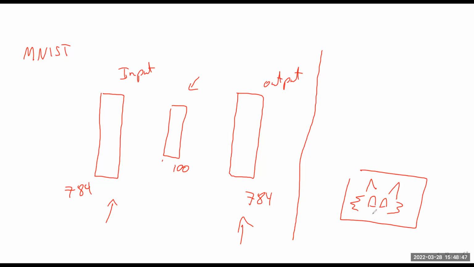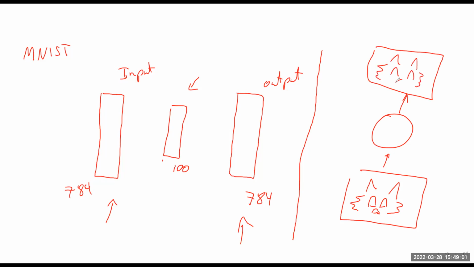Imagine that all the images are like this of cats. It goes through the neural net and you get the same cat. You see that?